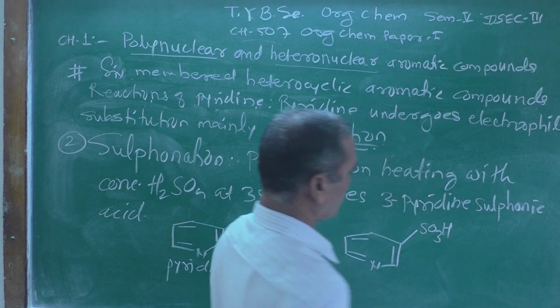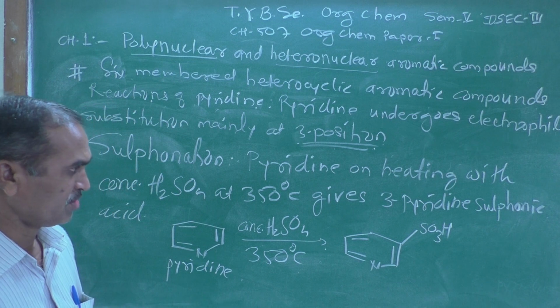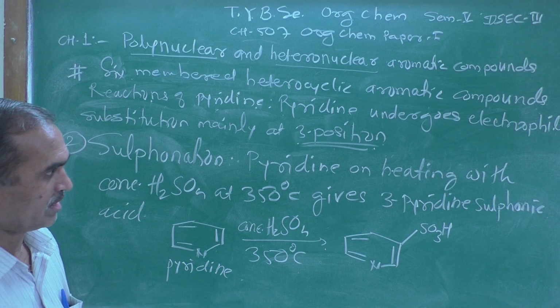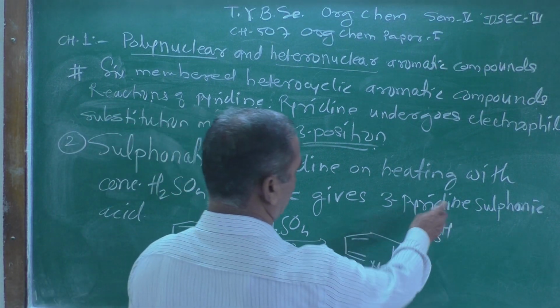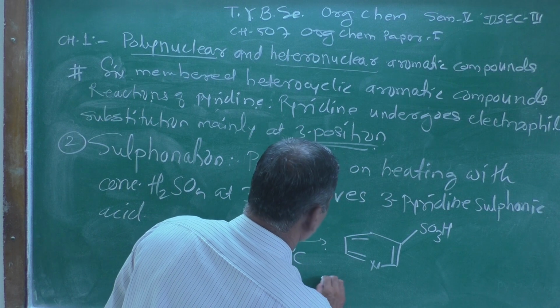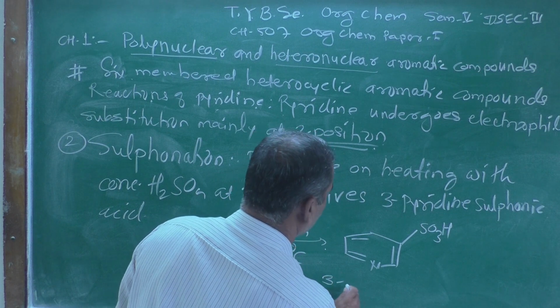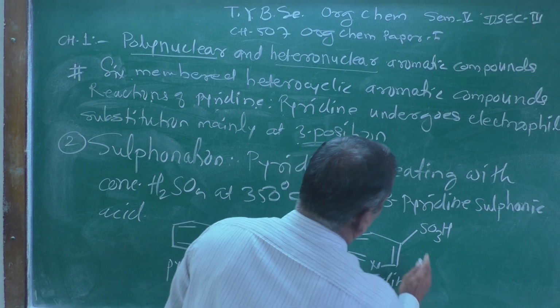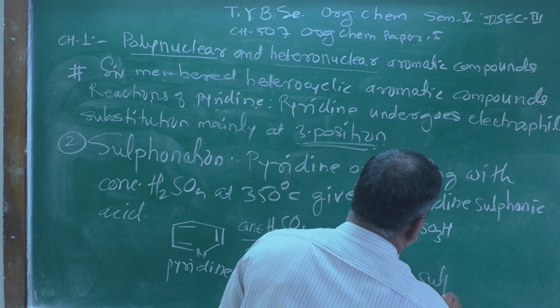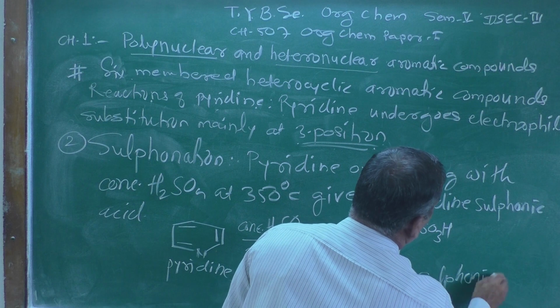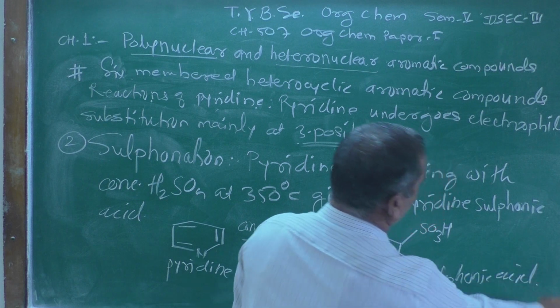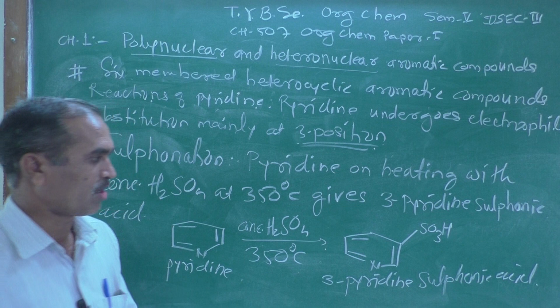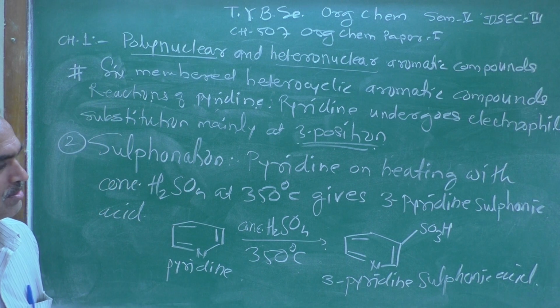This group is introduced at the 3 position, and therefore the name of this compound is 3-pyridine sulfonic acid.